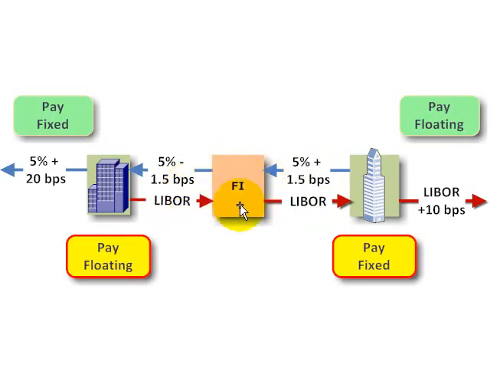So in this case, the financial intermediary is getting paid this way with this spread. In this case, 1.5 plus 1.5 here. Under this assumption, the financial intermediary is getting paid 3 basis points on the notional. They're collecting this spread here, which is not much in percentage terms, but on a large notional can be quite a nice paycheck.